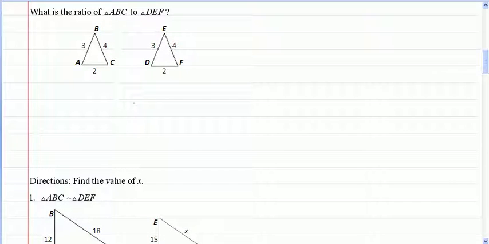So in these two triangles, it's asking for the ratio of ABC to DEF. So if I take side AC and write it over DF, it's equal to 2 over 2, which reduces to 1 over 1.